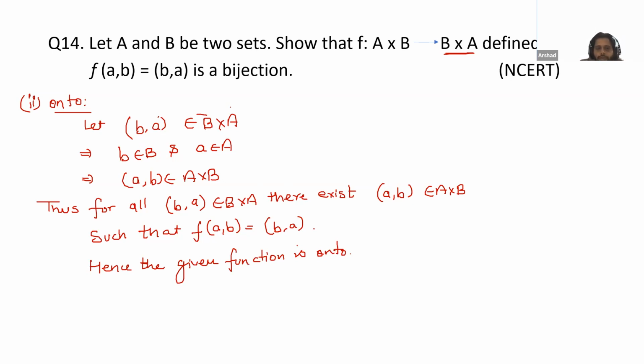The second set here is B cross A, and we always show that for this value, there exists a value in set A cross B. If this value belongs to B cross A, then small b belongs to set B and small a belongs to set A. So (a, b) belongs to A cross B, because b is in B and a is in A. That's why for all (b, a) in B cross A, there exists (a, b) in A cross B such that f(a, b) is equal to (b, a). Hence the given function is onto.